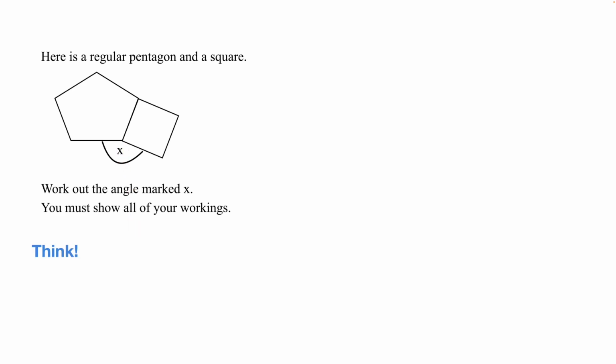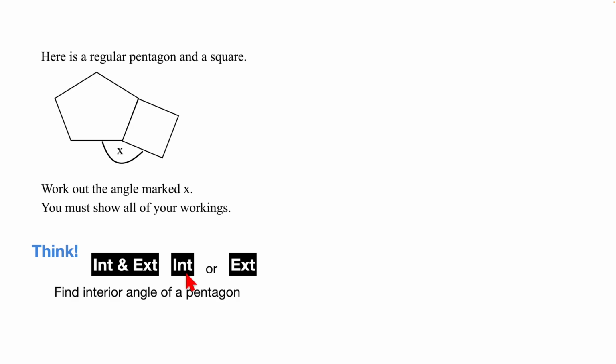So one of the interesting things, I think, is what we're going to use here. We are going to use the idea that going round from a point, all the angles add up to 360. So this is 90, this is x. We need to know what this angle is. We need the interior angle of a pentagon.